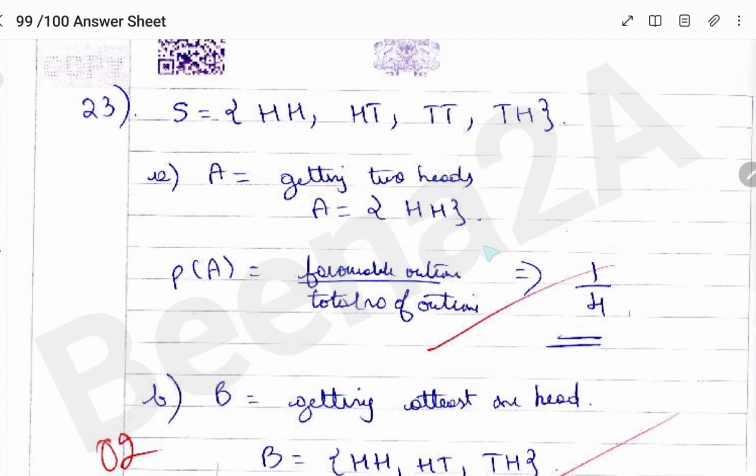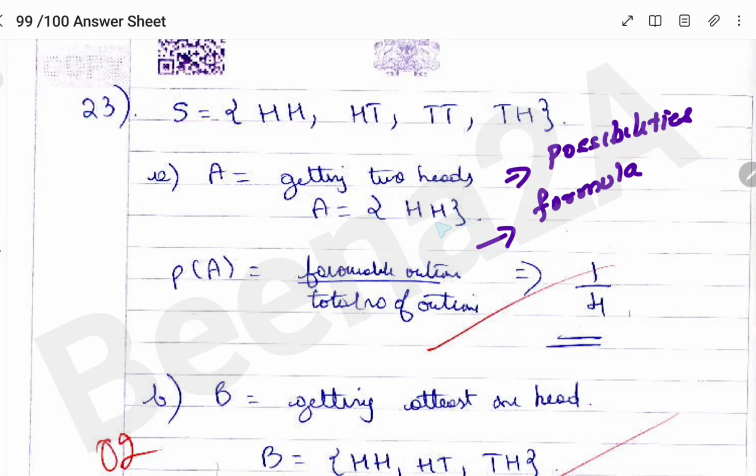First you write the formula here, right? Always write the formula, write the possibilities. You have to get two heads here. It means write the possibilities of getting at least two heads. There's only one possibility to get two heads when two coins are tossed.